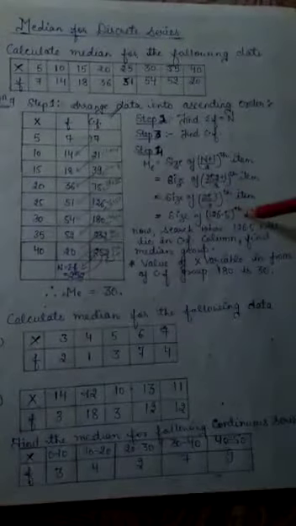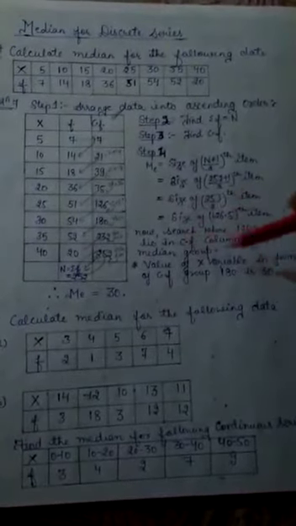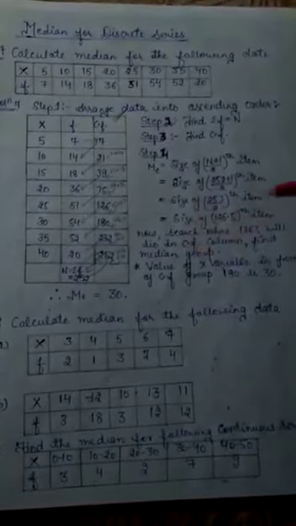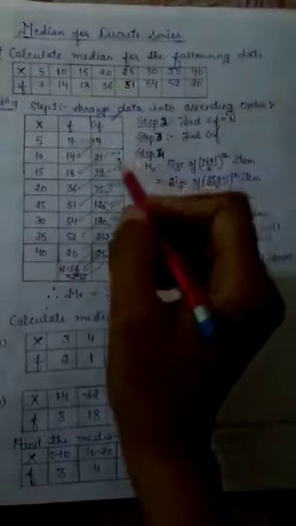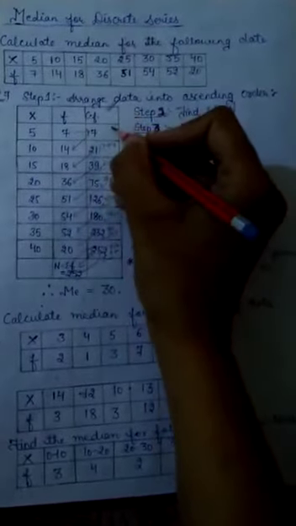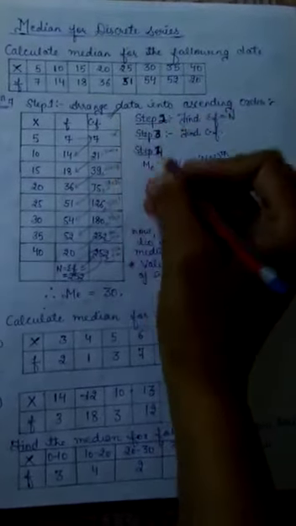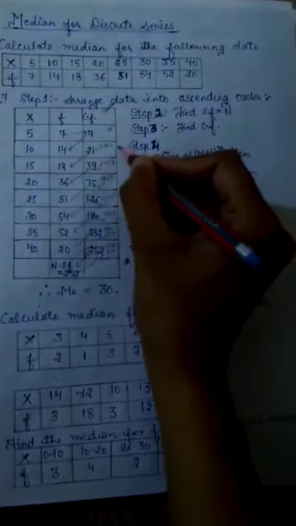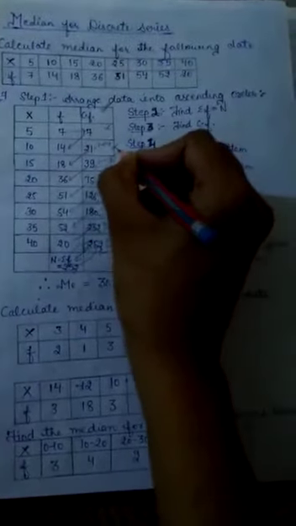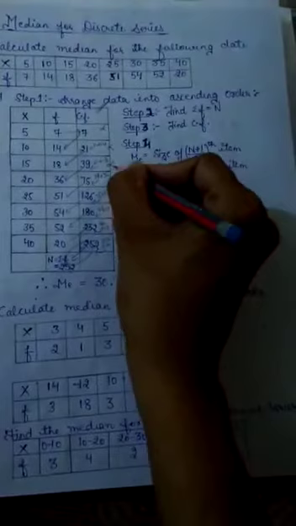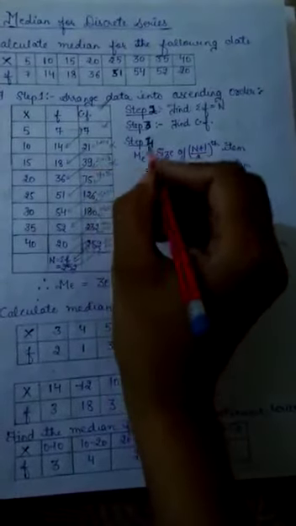Now beta, you have to check where this value will lie, and you have to check like this as I am telling you. See, you start from the first line. This 7 is less than 126.5, so it will not be your median. Then this 21 is also less, so it will also not be your median. Then this 39 is also less than 126.5, so it will not be your median.